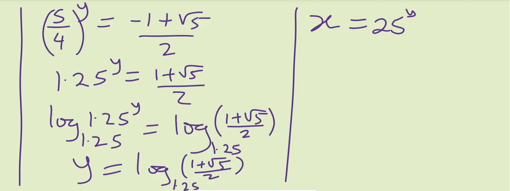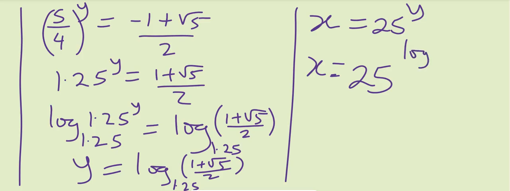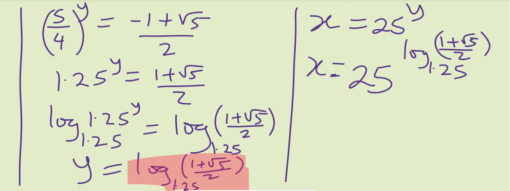So I can get my x from here. x is equal to 25 to the power of log of minus 1 plus root 5 over 2 to base 1.25. So this is the value of x, and the value of y is also given here. Thank you for watching. Don't forget to subscribe to my channel.